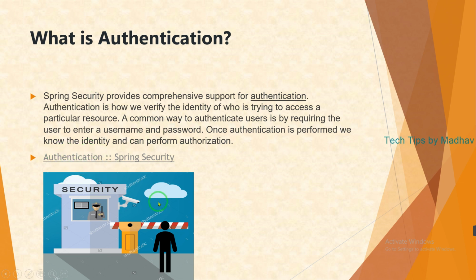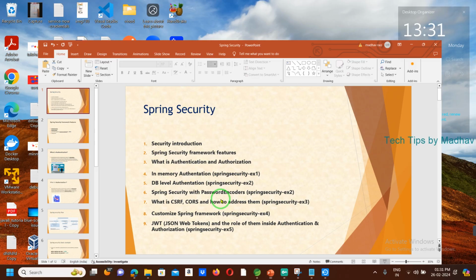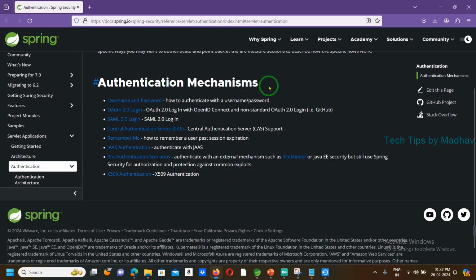Let's see how many types of authentication mechanisms are supported by Spring. Spring supports these many types of authentication mechanisms, and all these approaches have their own advantages and disadvantages. Based on the circumstance, we need to choose the right one.